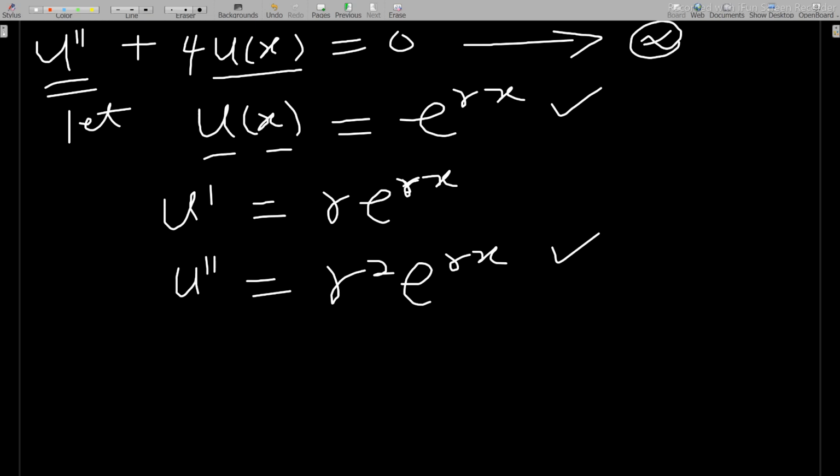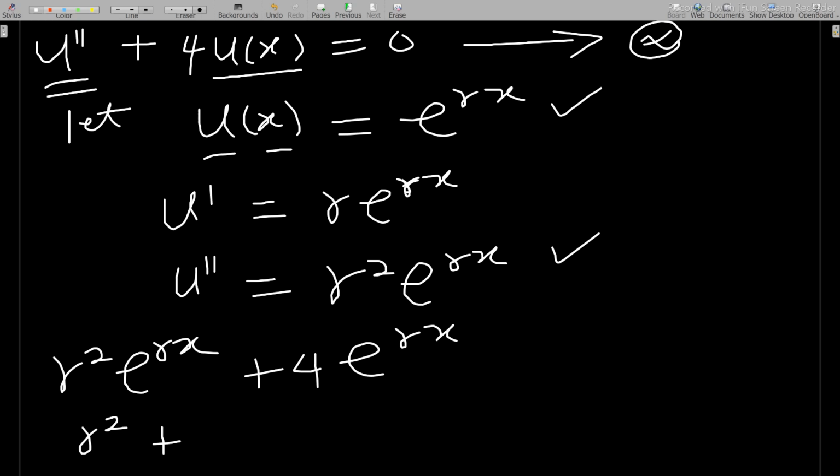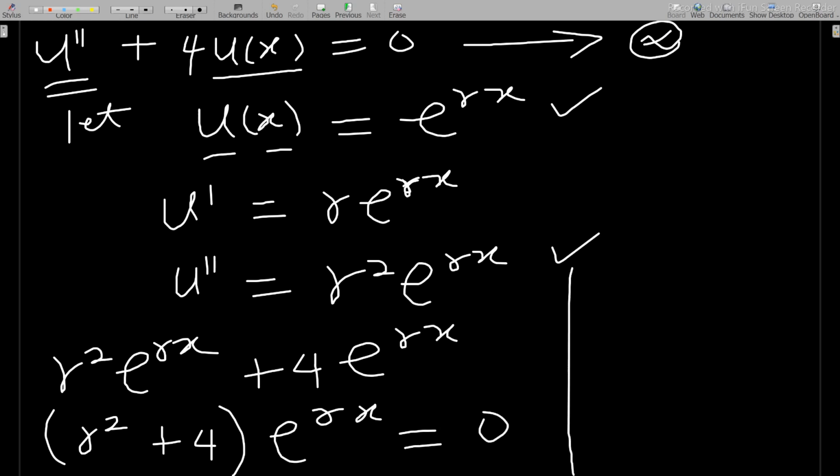Putting it back in equation alpha, we get r squared e to the rx plus 4 e to the rx equals 0. I'm just putting them back. And so I have r squared plus 4, factoring e to the rx, equals 0. If I divide both sides by e to the rx, I get r squared plus 4 equals 0.